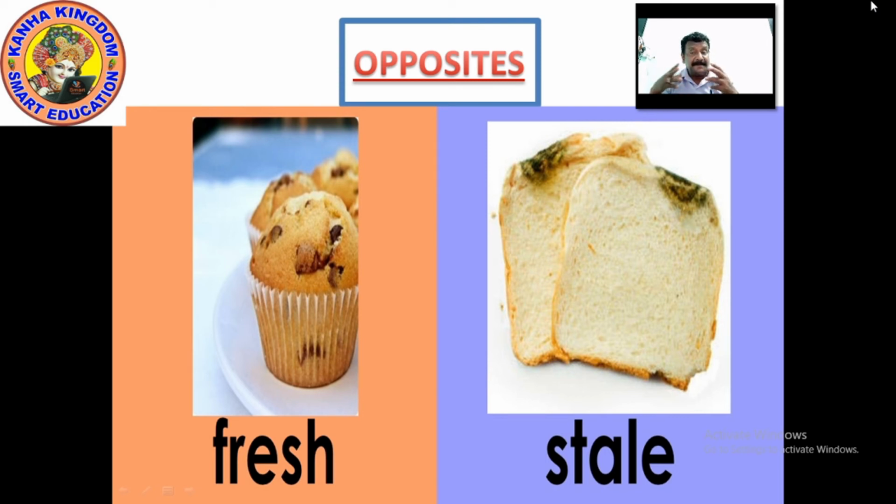So what did it become? It becomes stale. Fresh, stale. Stale, fresh. Fresh are the products which are made freshly, which are baked freshly. And the things which are not used and kept for several days become stale. You can see the example here in front. There is fungus on the bread. So it has turned stale. F-R-E-S-H, fresh, S-T-A-L-E, stale. Right? Please write it down.